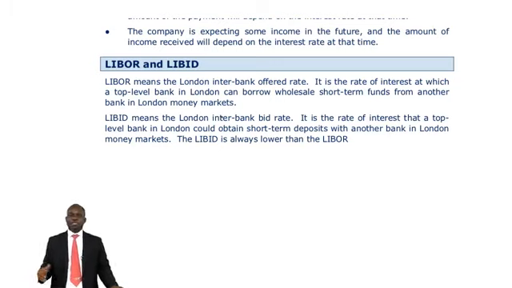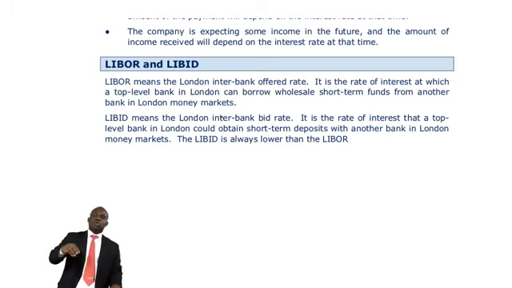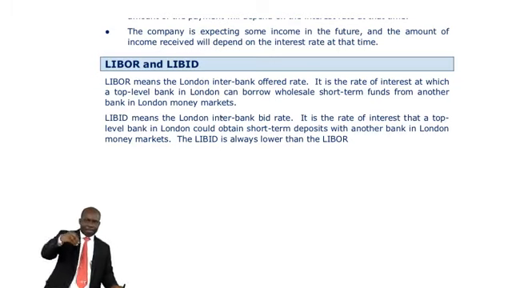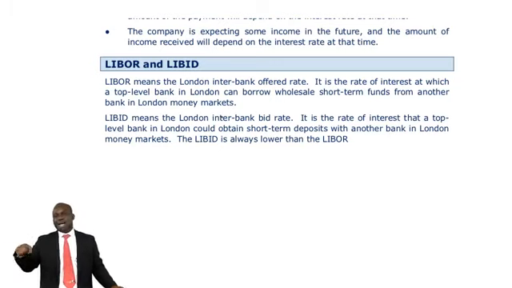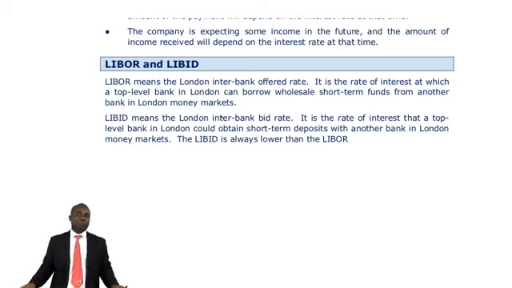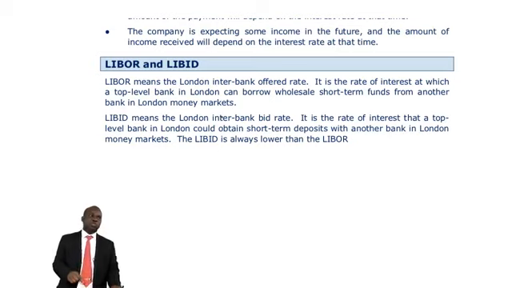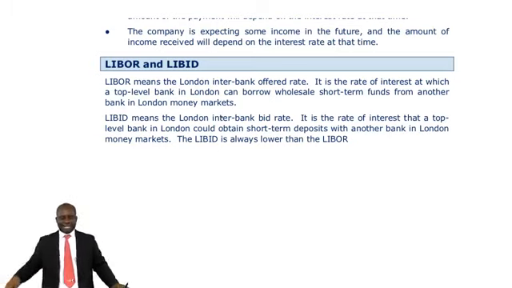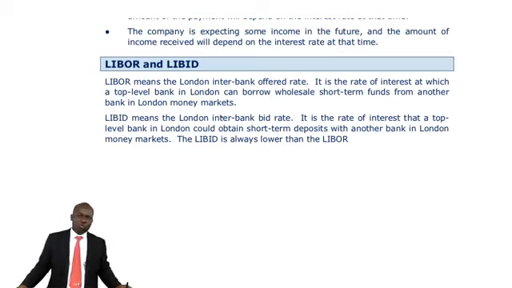Interbank rate means if one bank is going to borrow from another bank, like the LIBOR, if one bank in the UK is going to borrow from another UK bank, the rate they would have to pay is what is called LIBOR. If one bank in the UK is going to deposit money in another bank in the UK, the rate you will get is what is called the LIBID.